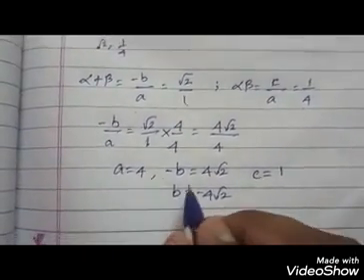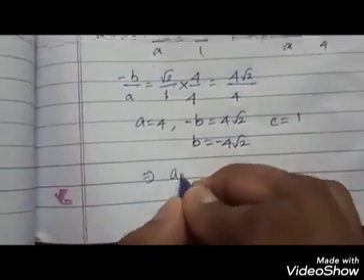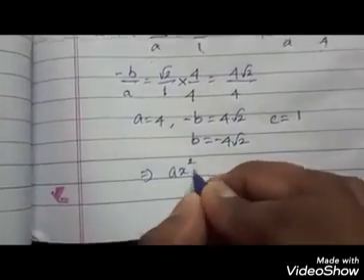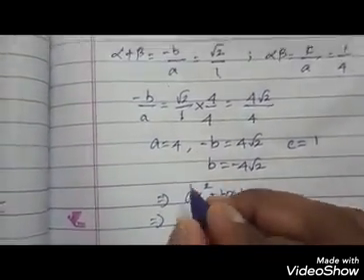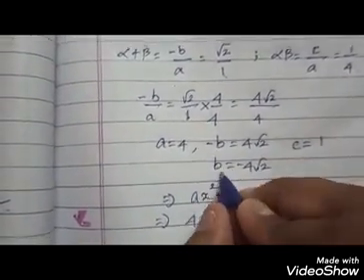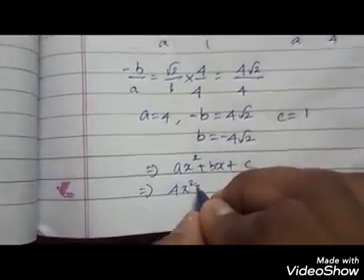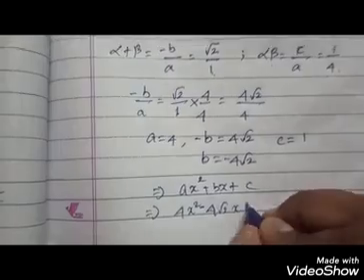So we get a value, b value, c value, and directly we move on to the basic form of a quadratic polynomial, ax square plus bx plus c. So here the a value is 4, so 4x square, b value is minus 4 root 2, so minus 4 root 2x, and then c value plus 1.